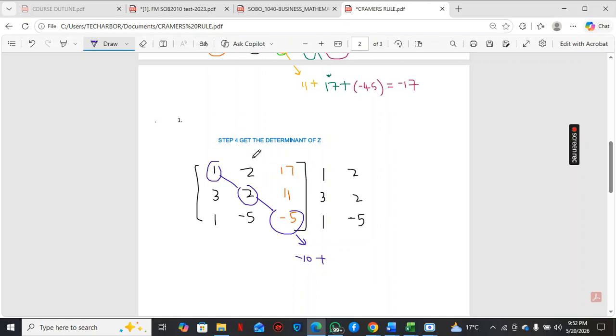Plus 2 times 11, that is 22. 22 times 1, that is 22.